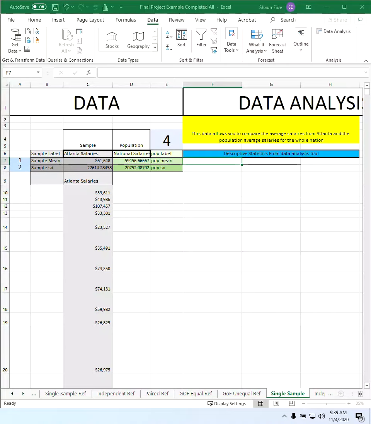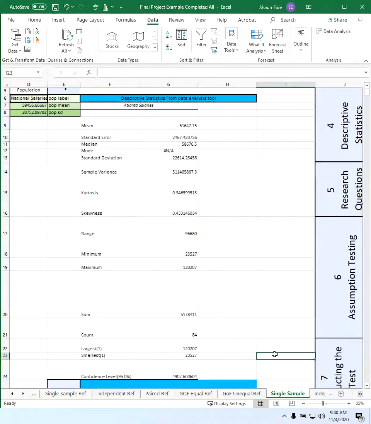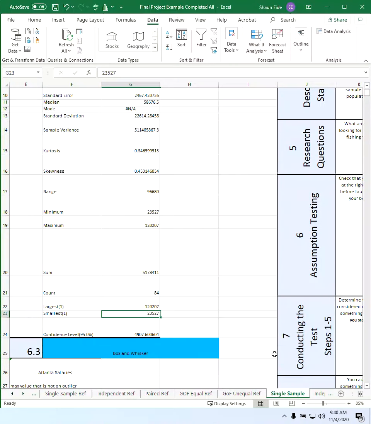And so then I'm also going to do the largest and the smallest, in other words, the max and the min, and then I'm going to press OK. Okay, so we've got the mean, the standard error, the median, the mode, the variance, kurtosis, skew, range, min, max, which it also gave you the min and max right here, so I guess we didn't need to do the min and max, but it's there if you want it.